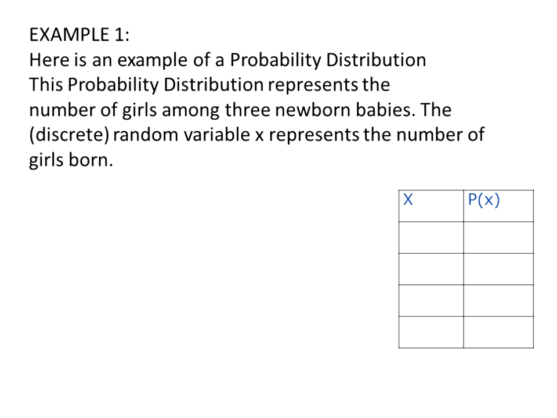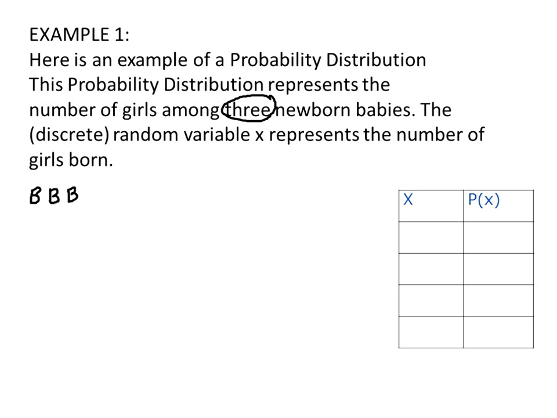So here's an example of a probability distribution. This probability distribution is going to represent the number of girls among 3 newborn babies. Okay, so X equals the number of girls born. So we have 3 newborn babies, and we've already done a sample space on this, at least I feel like we did, back in the previous chapter.